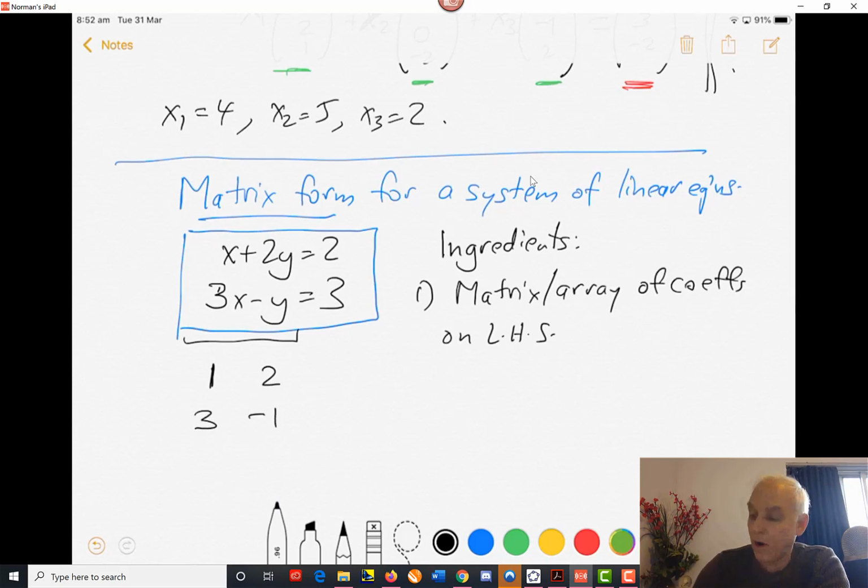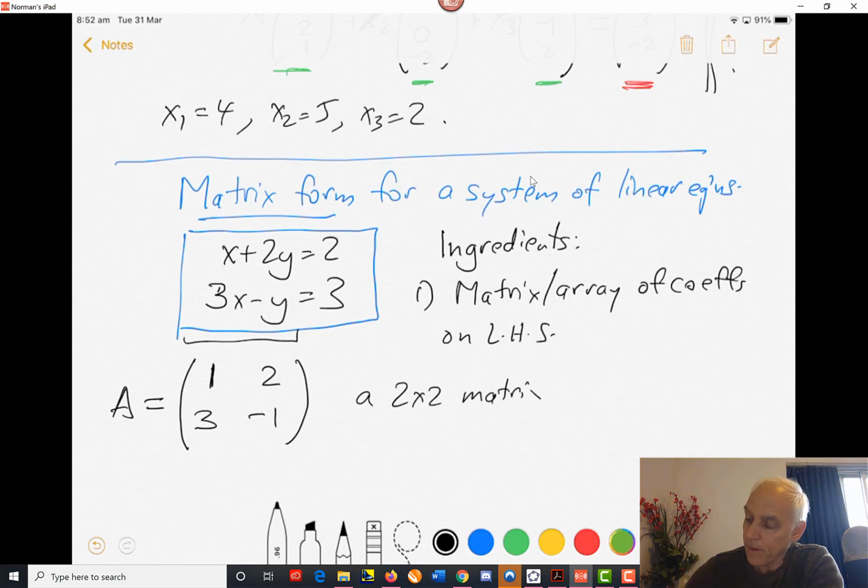Those four numbers encode the left-hand side apart from the variables. And we can put them in a little array or call it matrix, and let's give it a name. Let's call it capital A. Okay, so this is what we call a 2 by 2 matrix. 2 means 2 rows and 2 columns. Rows first, columns second. So that's one of the ingredients.